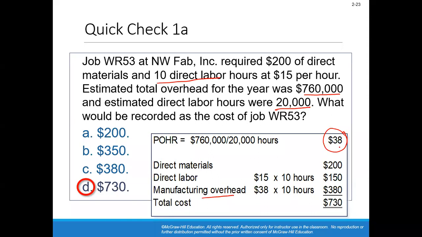So we'll multiply the 38 predetermined overhead rate by the 10 hours, which is the requirement for this job, WR53. So this is $380, and you should have no confusion about where these two have come from, and total cost is 730.